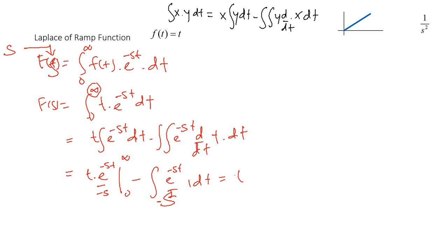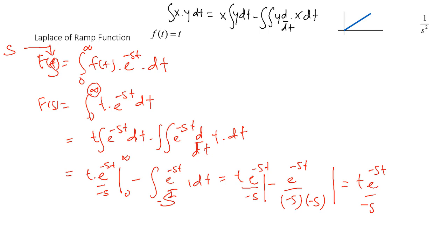So let's further expand it. t e power minus st divided by minus s, minus e power minus st divided by minus s and another minus s. So now we have these limits on both terms. Okay, so let's simplify it. It will become t e power minus st divided by minus s, and minus e power minus st divided by s squared. So we are left with these 2 terms, in which we will now put the limit values.